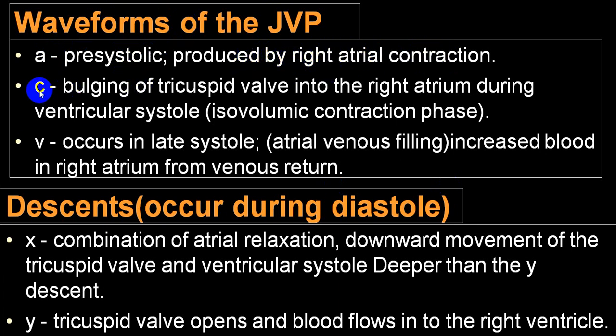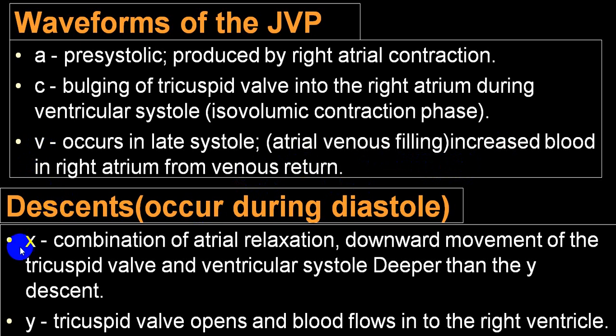During ventricular systole, the C wave is because of the bulging of the tricuspid valve into the right atrium during the isovolumetric contraction period. The V wave is because in late systole the atrium is filling up, so pressure is building up in the right atrium because of venous return, and simultaneously the ventricle is also in a systolic period, and that produces a V wave.